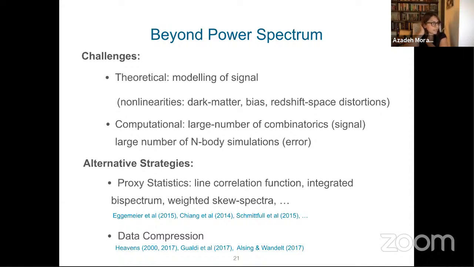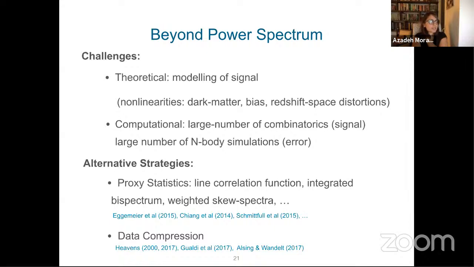On the theoretical side, modeling of the signal is difficult. Since large-scale structure is nonlinear, all the difficulties that are there in modeling the power spectrum are also there for the bispectrum, and even more stringent. But that's not all.